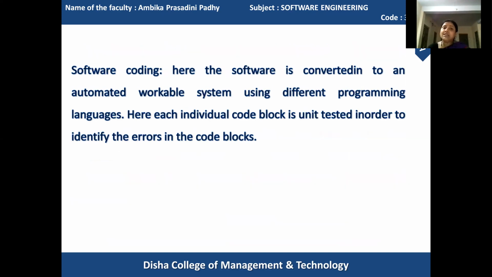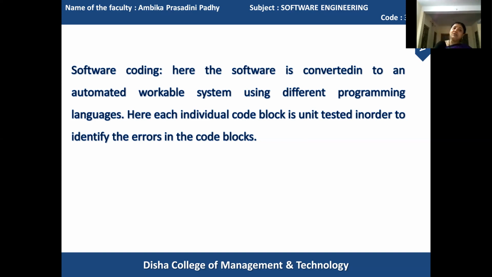Here the software is converted into an automated workable system using different programming languages as per the suitability of the software development organization or the developer. The programming language he is comfortable with, he can use and develop the coding for the particular system.